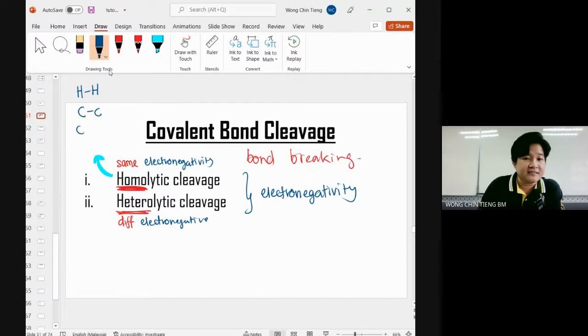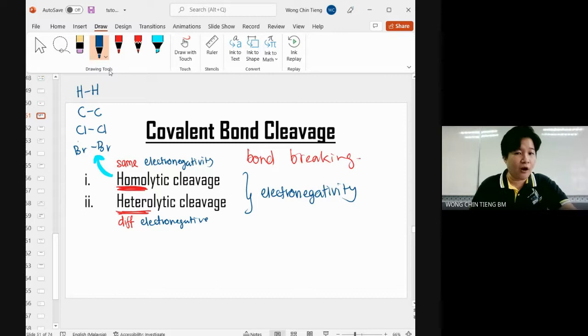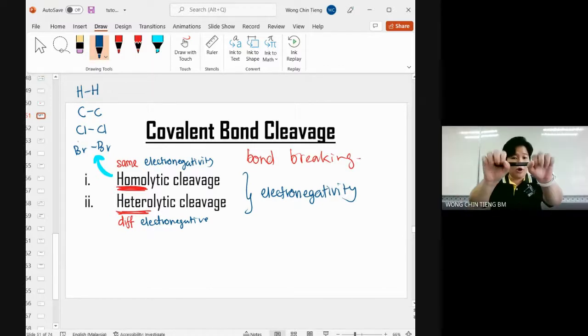So, the same electronegativity, example of your homolytic cleavage, contoh, paling senang, hydrogen, hydrogen, carbon, carbon, Cl, Cl, Br, Br, apa lagi yang sama tu bila kamu putus, alright, bila kamu nak pecah ikatan ni, when you want to break the bond, they will be homolytic cleavage. Kenapa homolytic cleavage? Because the person that holding the bond, orang yang pegang ikatan tu adalah orang yang sama electronegativity.